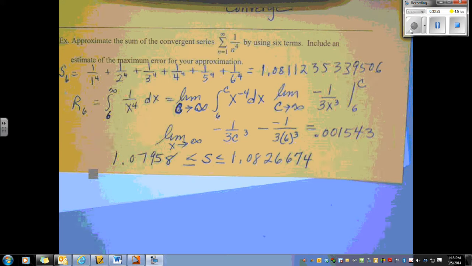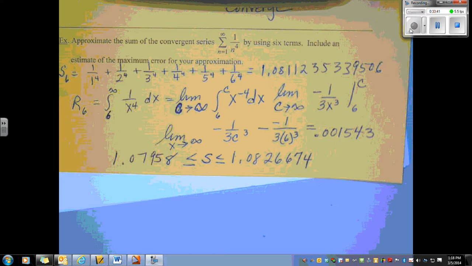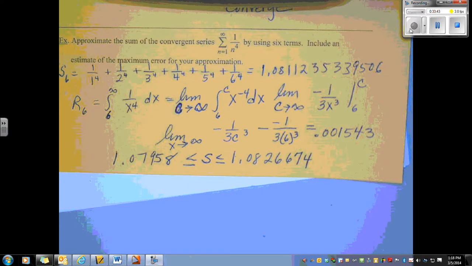Okay, I lost my last page of notes here. That's R, but we're using R to figure out where our sum is. What we want to know is R sub n, and then you can take your sum, because R sub n is equal to S minus S sub n.